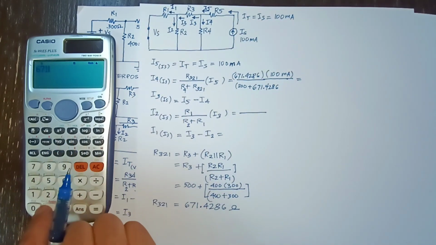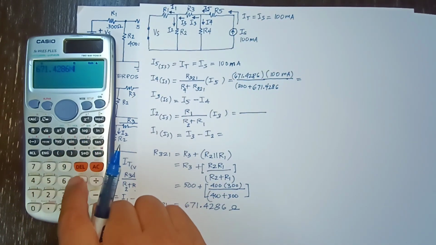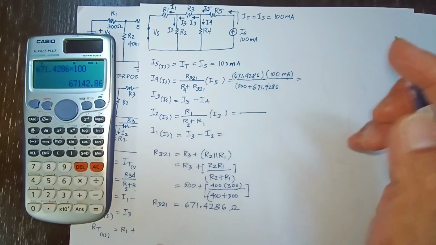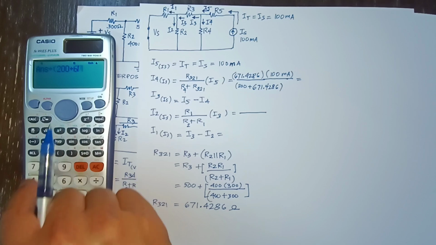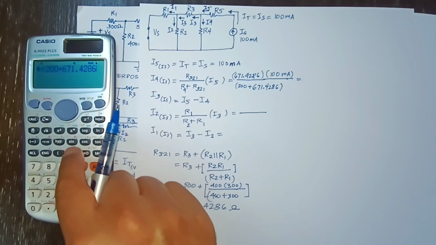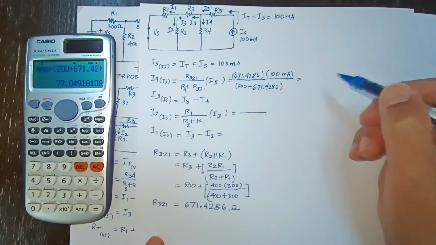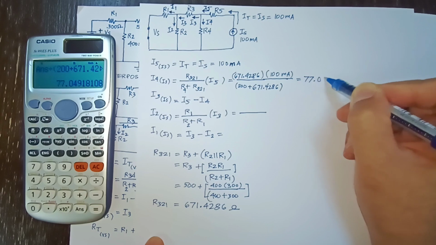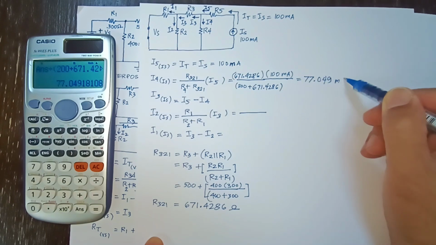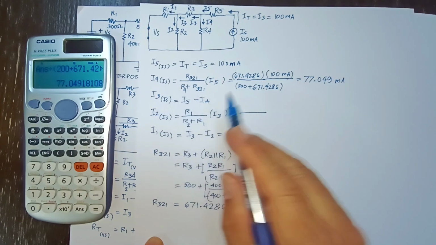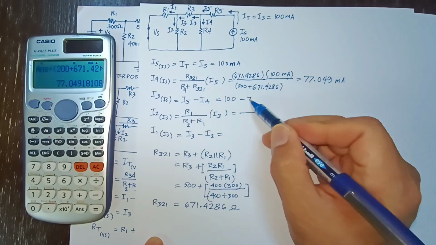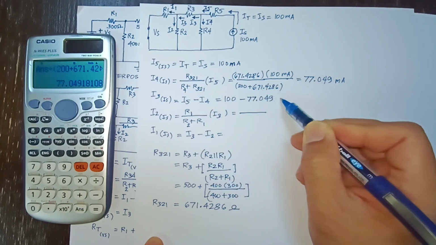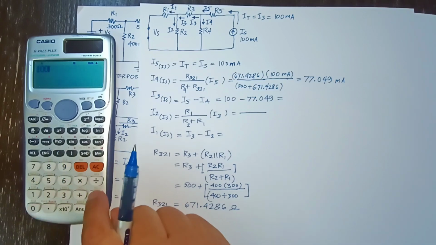Let's multiply 671.4286 with 100 over the sum of the R4 and R321. And we will get the answer of 77.049 milliamperes. And then to get I3, we will get the difference between I5 and I4.